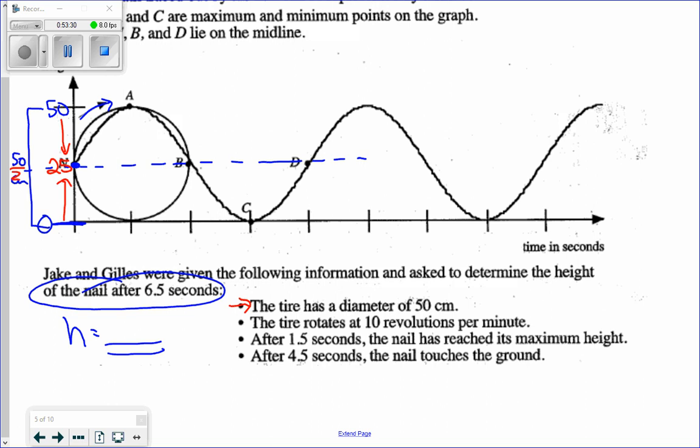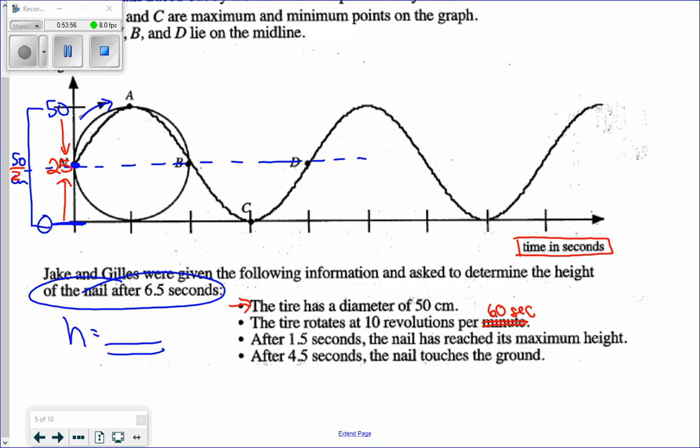Okay? So look at your units. Time in seconds. How many seconds in a minute? 60. So instead of thinking of it in terms of per minute, think of it in terms of seconds. So this thing goes round 10 times every 60 seconds.